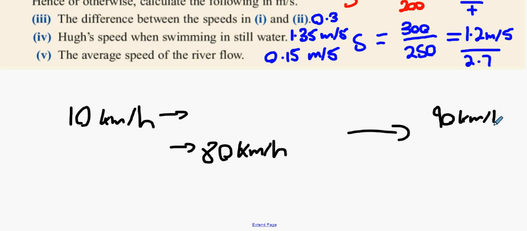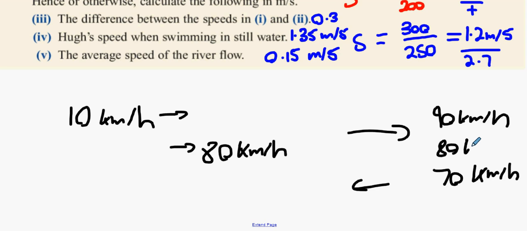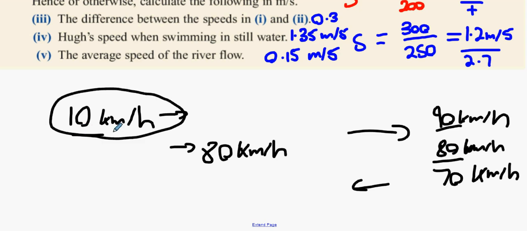How fast can I go on the way back? 70. Out of interest, what's the average between 90 and 70? 80. So the average will give you the actual velocity. When you calculate the average, all you have to do then is look at the average and look at the maximum, and you gain 10 kilometers an hour. So you can tell that the speed of the wind was 10 kilometers an hour.